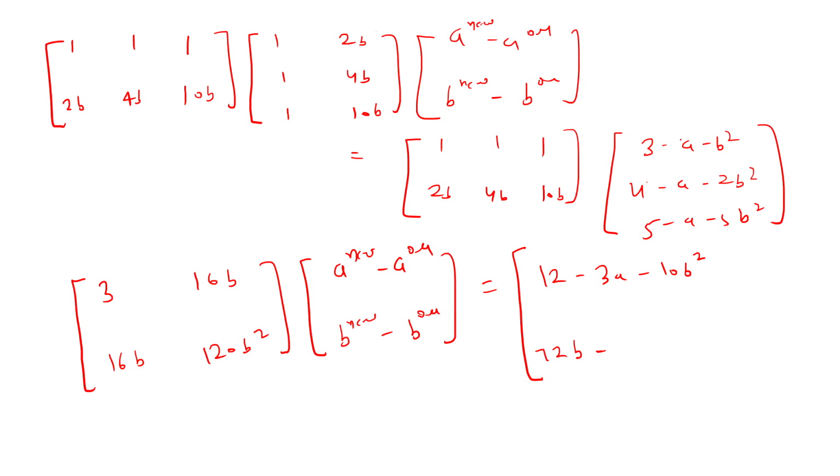If we do the multiplication of this with this term, this will give me 2ab 4ab 10ab. So this becomes 16ab minus 2b cube, 8b cube, 50b cube.